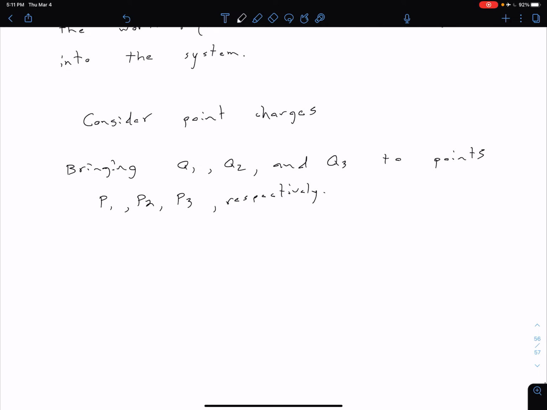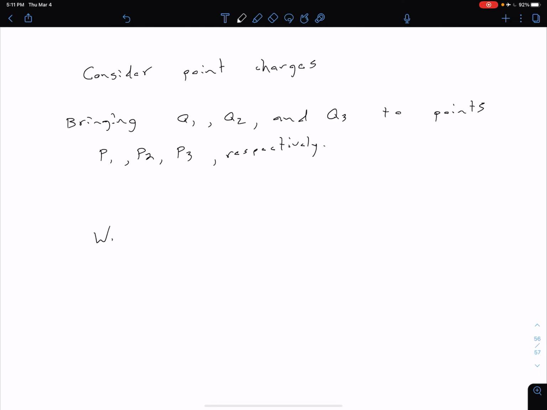Our total energy in the system is going to be W sub E, which is equal to the energy it takes to bring our first point charge into the system, plus the energy it takes to bring the second point charge into the system, plus the energy it takes to bring the third point charge into the system.